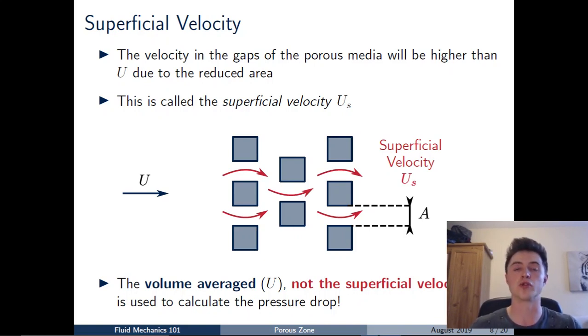And this local velocity through the porous medium is called the superficial velocity, us. And it's greater than u because the area is smaller. Now, it's very important that the velocity we choose for the pressure drop expression is that approach velocity u, which we see there, and not the superficial velocity through the gaps.